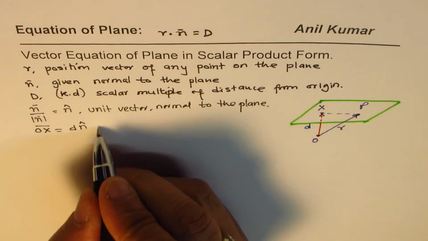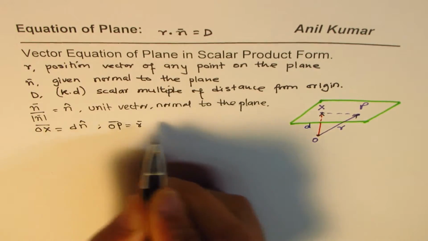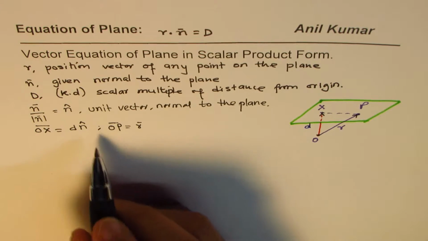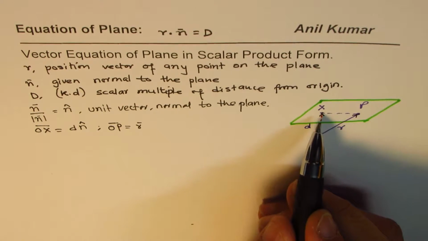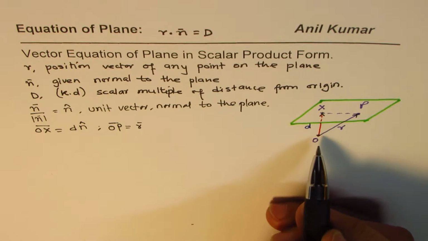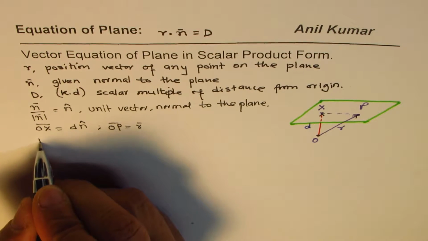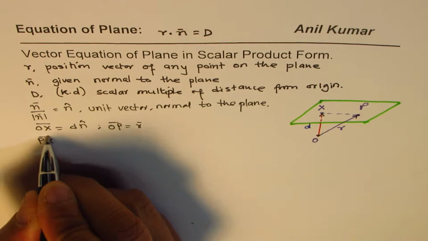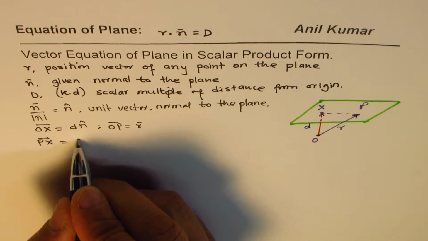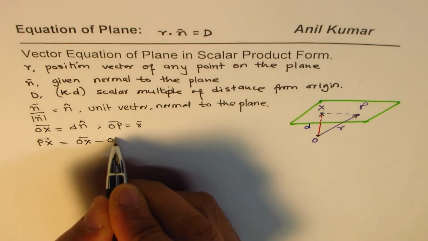What is OP? OP is the vector r for us. Now we can relate PX in terms of OX and OP. So PX, P to X, is OX take away OP.